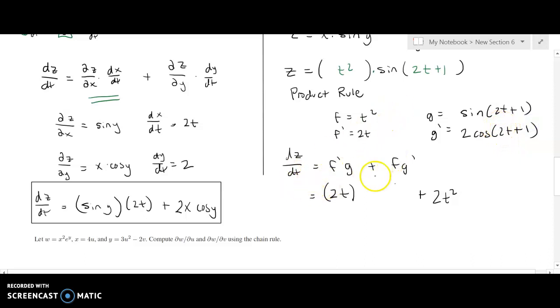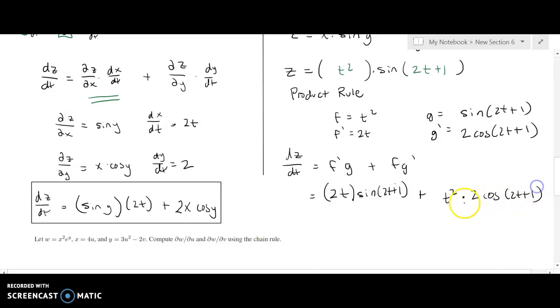So now I can make my substitutions correctly. So this is going to be sine of 2t plus 1. g prime is 2, and I have an extra 2 here, so let me erase that one. 2 cosine of 2t plus 1.